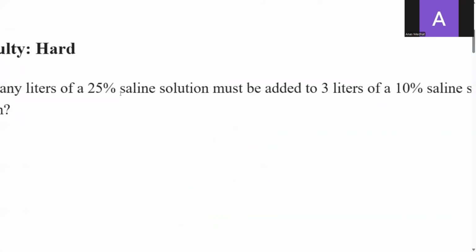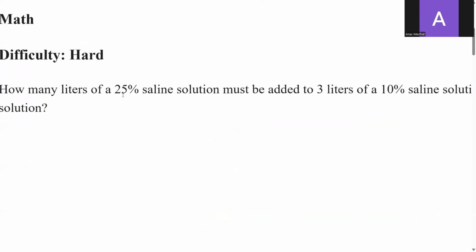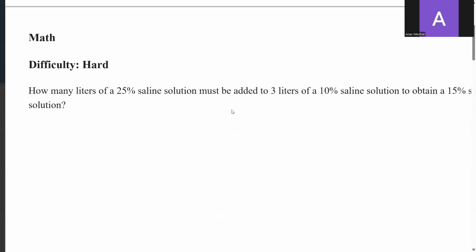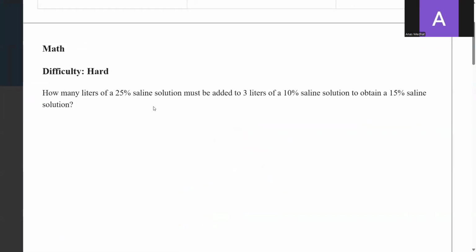How many liters of a 25% saline solution must be added to 3 liters of a 10% saline solution to obtain a 15% saline solution?